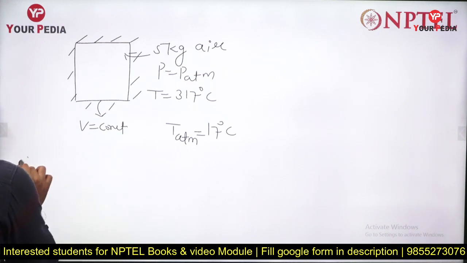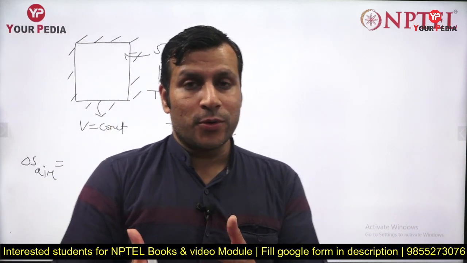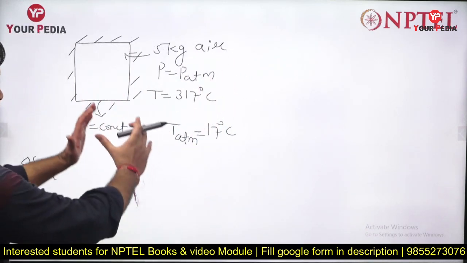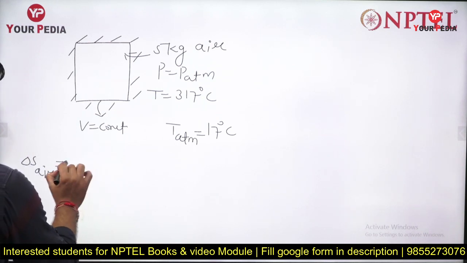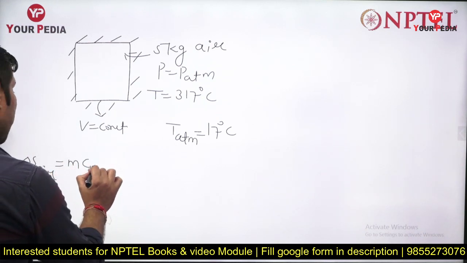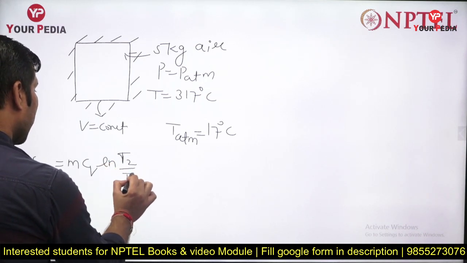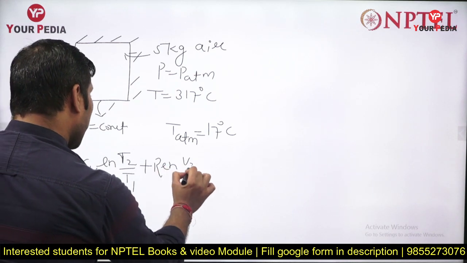Let me write it here, guys. Entropy change of air. So guys, air is an ideal gas, and I hope you know the basic formula to calculate the entropy change of ideal gas. Here the volume is constant, temperature change is given to us. So very correctly you can use this formula: m Cv ln T2 by T1, T final by T1, plus R ln V2 by V1.